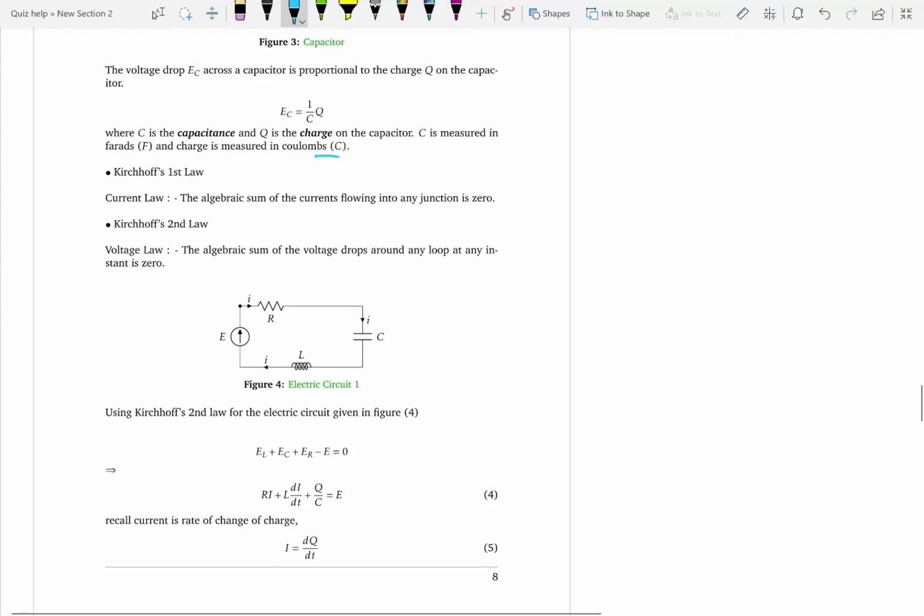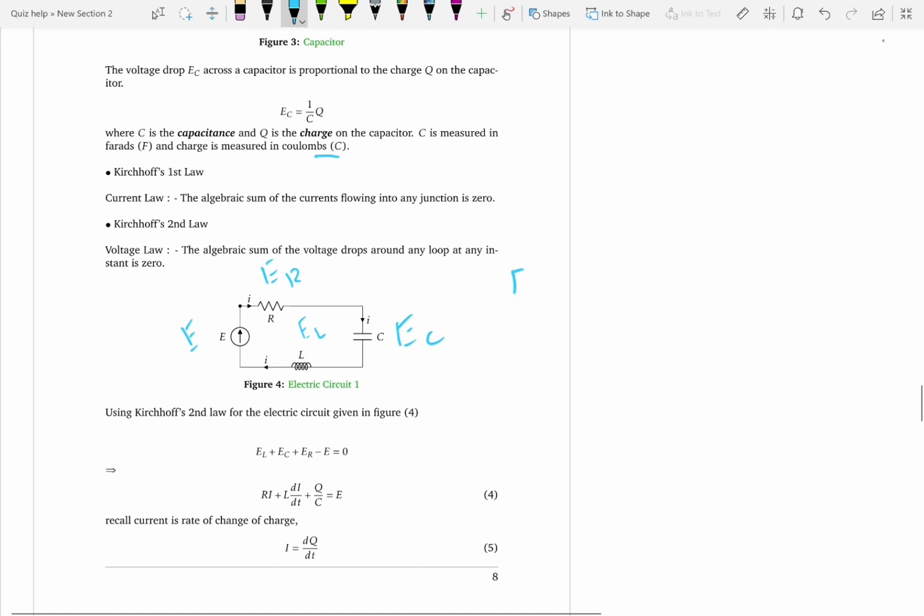Okay, so we have all these voltage drops in the circuit, and Kirchhoff's second law says the sum of the voltage drops around a loop should be zero. So in the source you have voltage E, and in the resistor you have E sub R drop, in the capacitor E sub C, and in the inductor E sub L. So the sum of these should be zero.